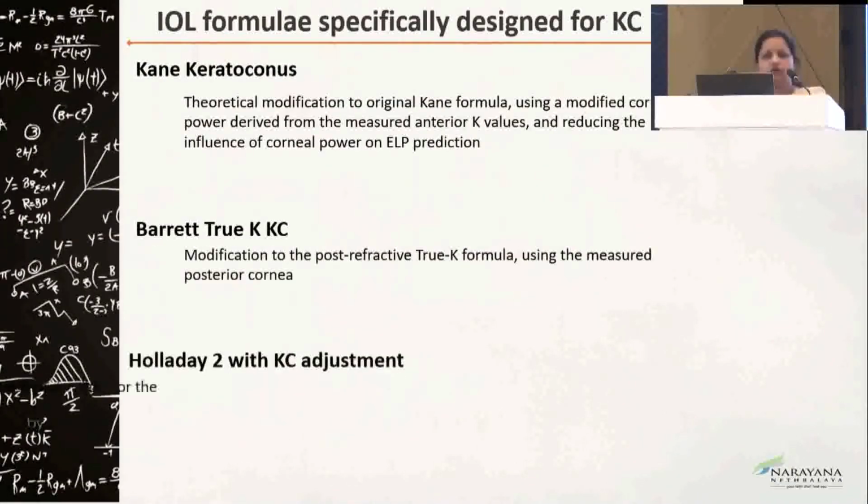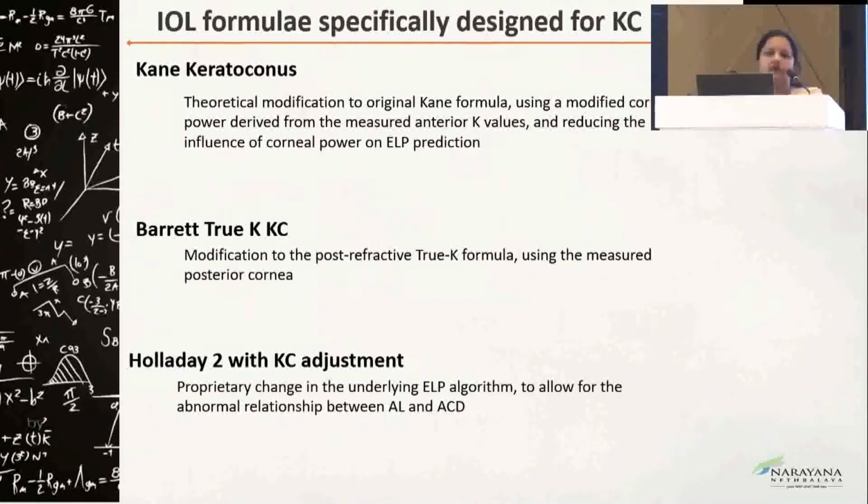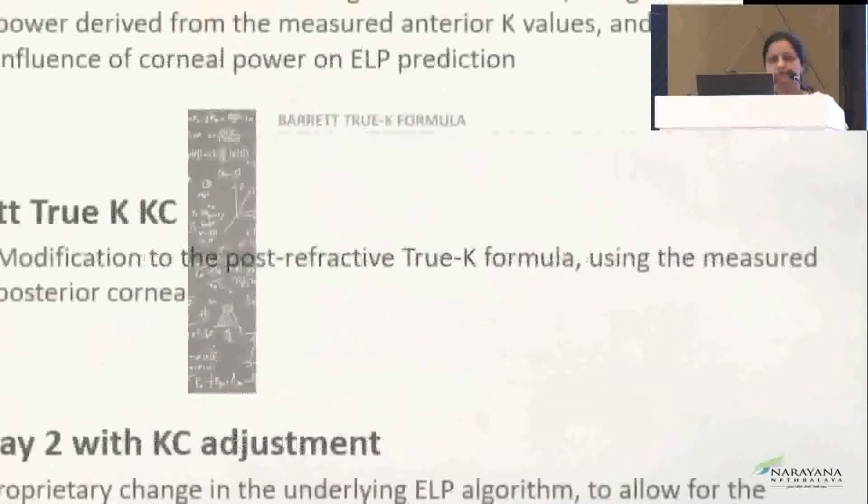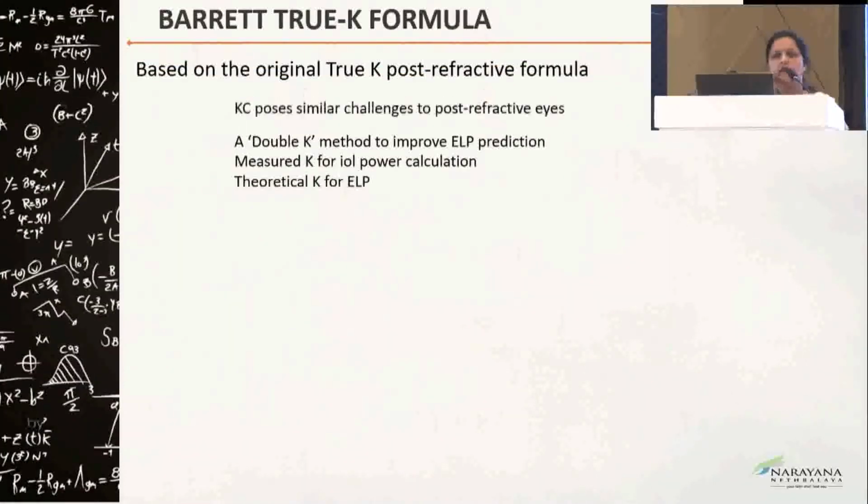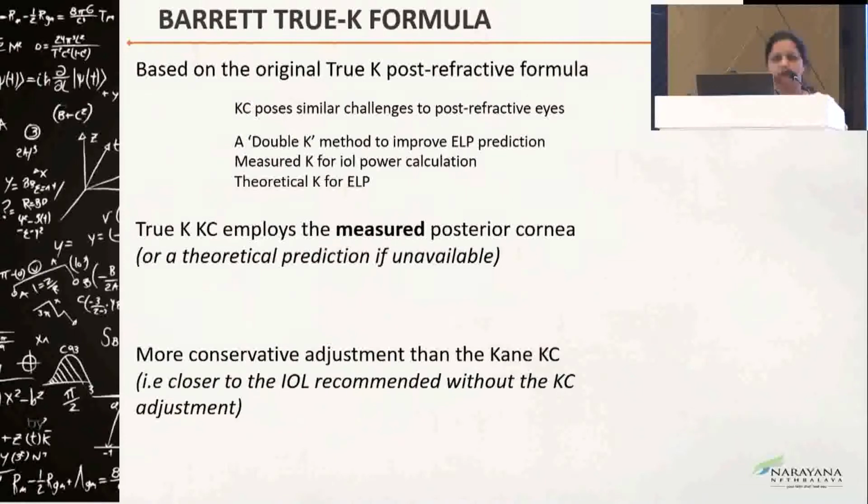The IOL formulae which are specifically designed for KC are the Kane keratoconus, the Barrett True-K KC, and the Holladay 2 KC. I shall talk about the first two. The Holladay is paid software. Coming to the Barrett True-K formula. The Barrett True-K is basically based on the Universal 2, but True-K is a modification for post-refractive eyes.